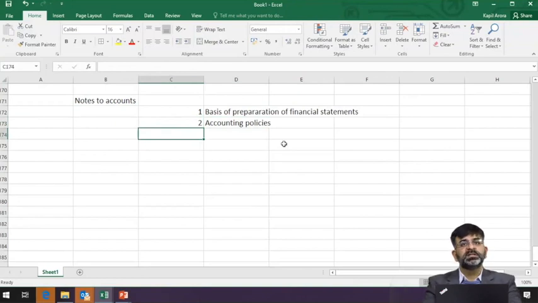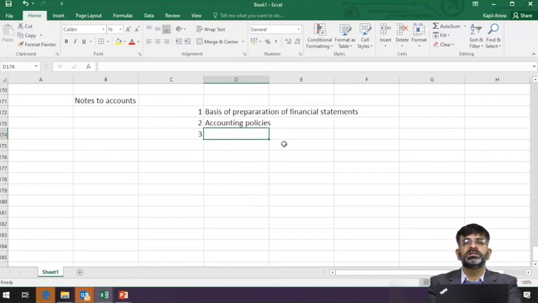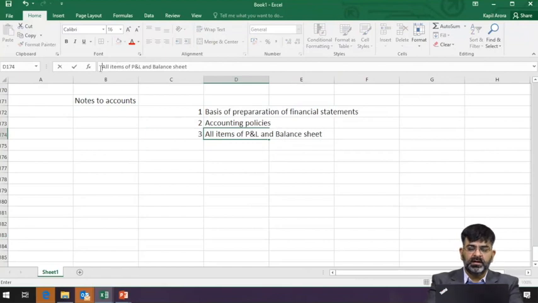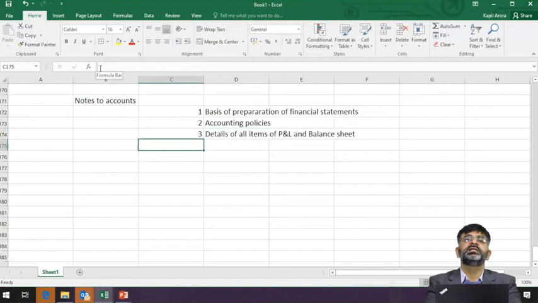Right? So the first note is the basis of preparation, the second note is the accounting policies, and the third note onwards, the items which come here are the details of all the items of P&L and balance sheet.